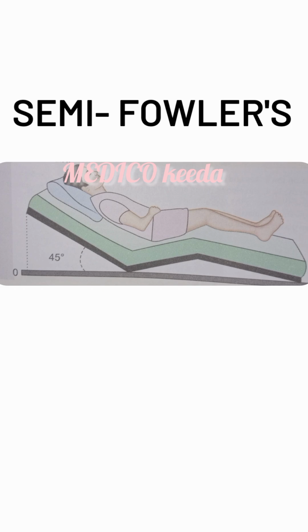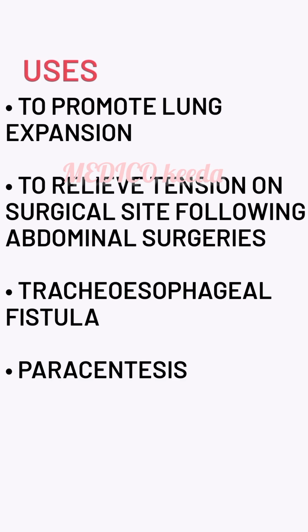If I talk about the benefits of this position, it has a lot of benefits, like to promote lung expansion and to relieve tension on the surgical site following abdominal surgery. It is also beneficial in tracheoesophageal fistula, and also helpful in paracentesis.